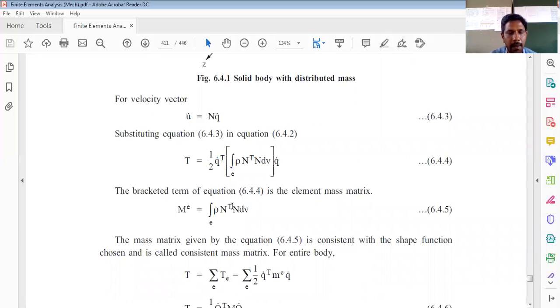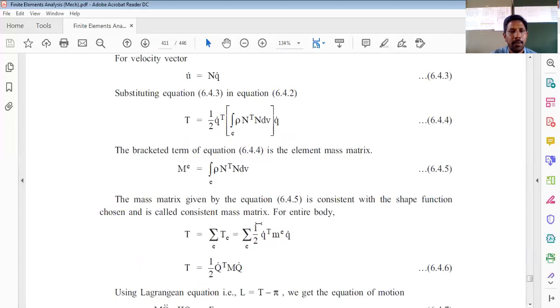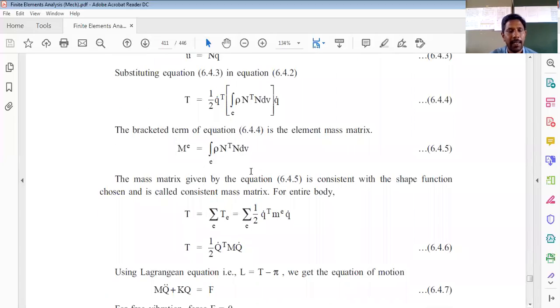The bracketed term represents the mass matrix of that particular element. So the mass matrix of an element is integration over the element, rho into N transpose N into dV. We can calculate the mass matrix with this expression.